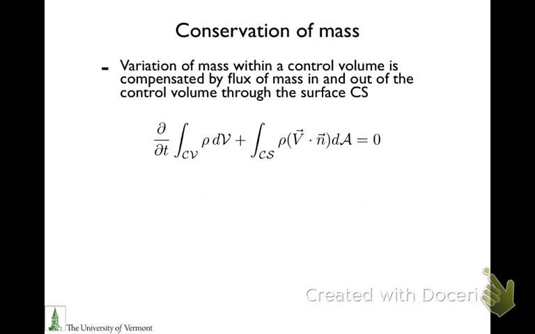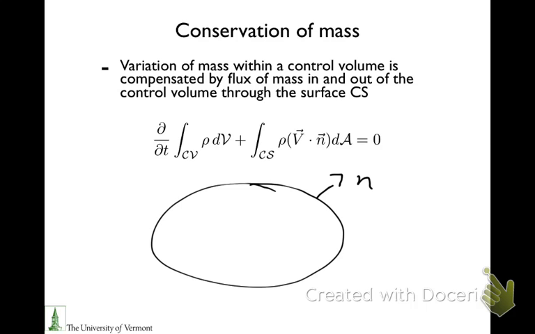So, how do we apply the Reynolds transport theorem? First, we look at the conservation of mass, and again, we consider a control volume, CV, with a local normal N, and we have fluid flowing in and out of the control volume.